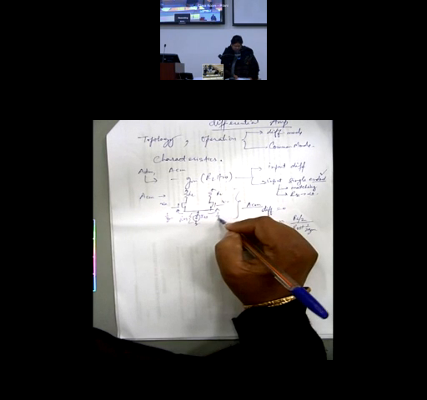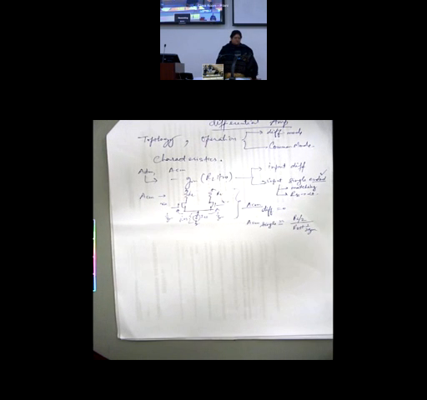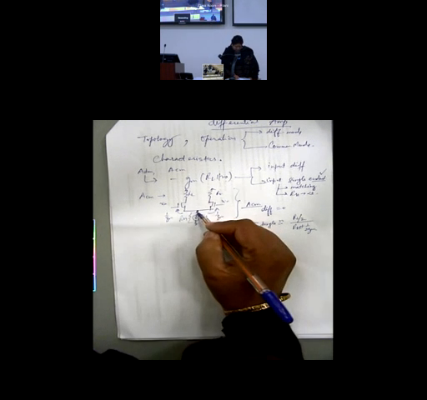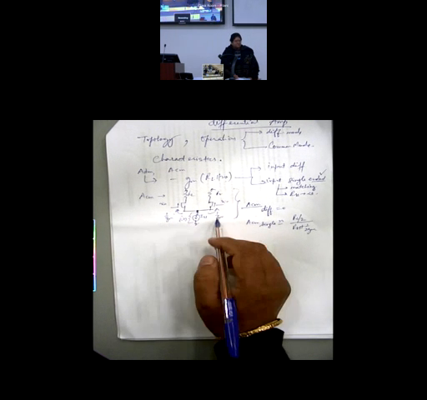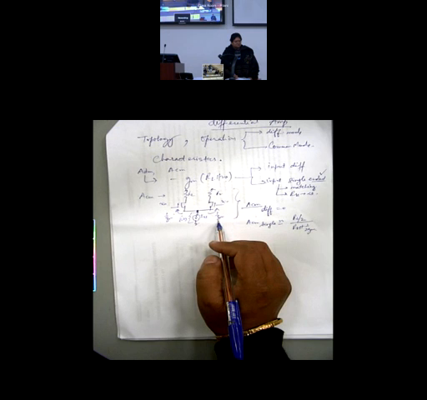Net resistance looking into the source of the two MOSFETs. It is the very shortcut method you can remember for a common source amplifier with source degeneration. It is simple, a ratio of drain resistance to the net source resistance. The net resistance at the source is actually RSS together with 1 by gm here and 1 by gm here, which is 1 by 2gm.